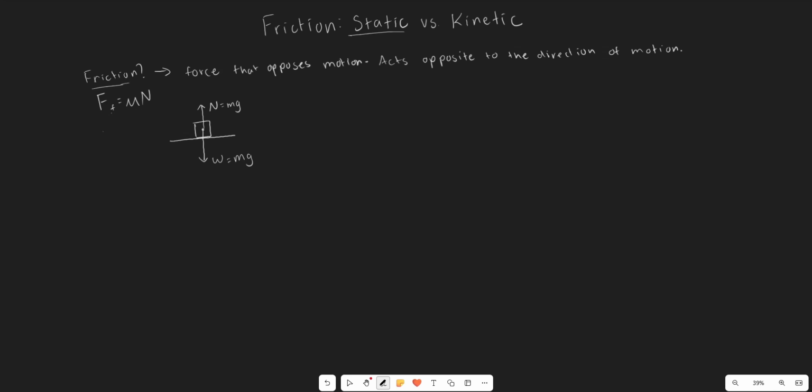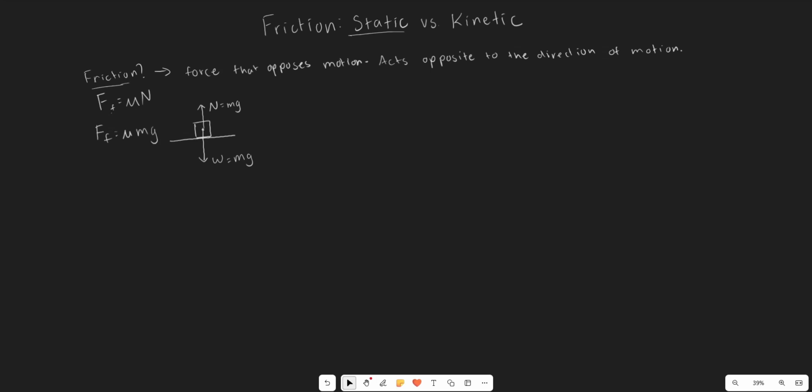It's the result of the surface pushing back up on the block. Since the object isn't moving, these forces are balanced, and that's why the normal force is equal to mg. So we can write that the force of friction is equal to mu, the frictional coefficient, times mg.